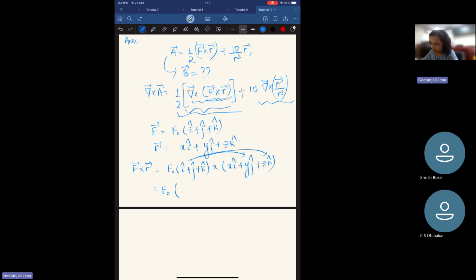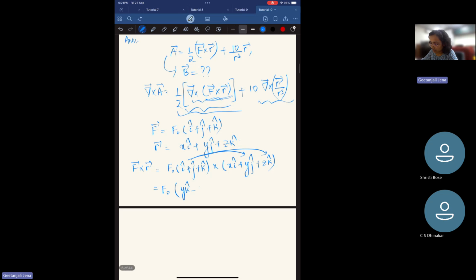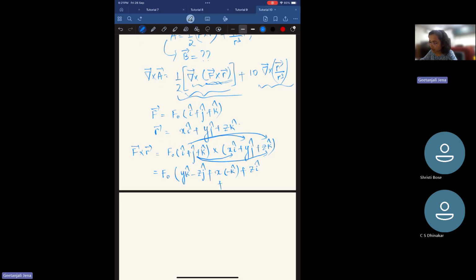I will only take the cross with j and k. So that means this will give y k-hat minus, i cross k will give minus j, z j-hat. Then j will cross to i and k. So this will give x, i j will give minus k-hat, plus z, j and k will give i-hat. Plus the last k will take the cross product with i and j.